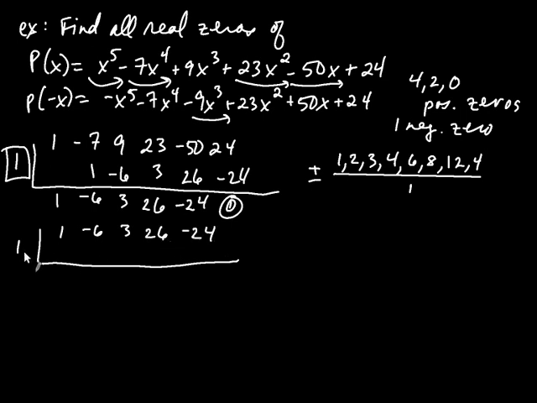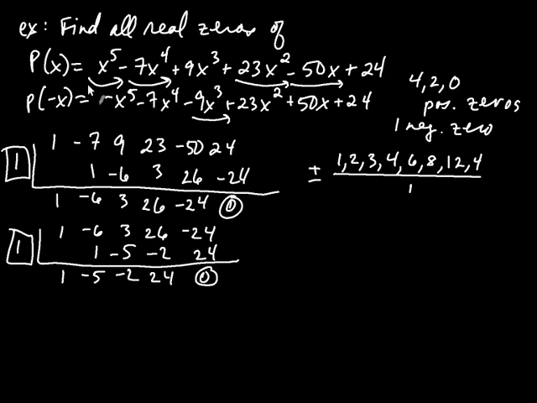Okay, so is 1 a 0 of that polynomial with these coefficients? So 1, -5, -2, 24, and 0. It is, right? So 1 is a repeated 0. It occurs twice in this original polynomial.